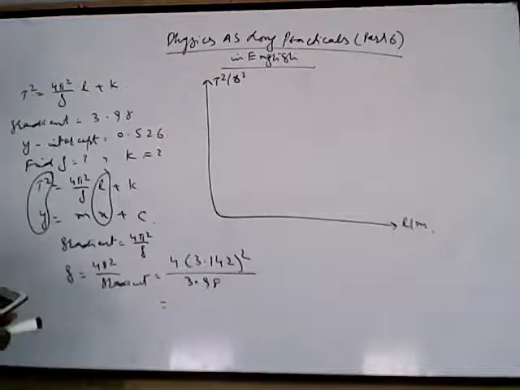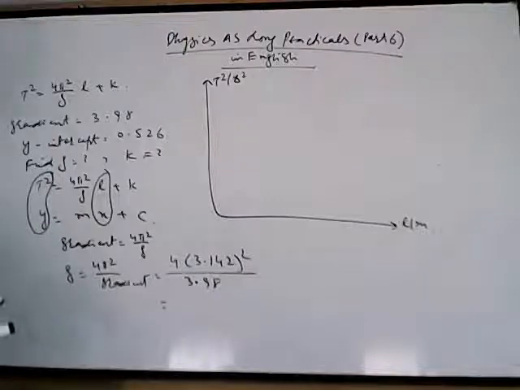4 into 3.142 square divided by 3.98. So the gradient is 4 pi square upon g.